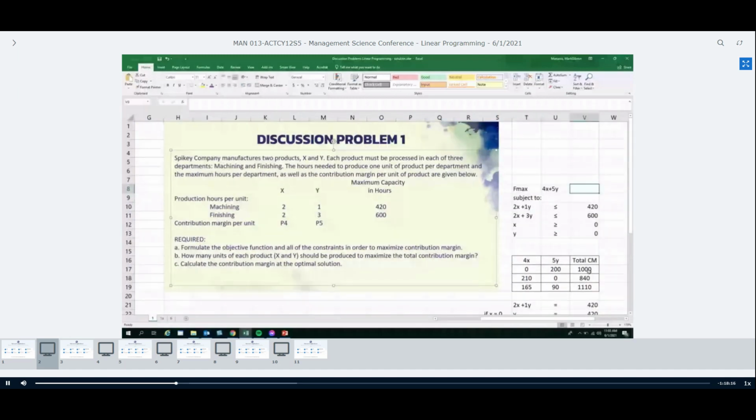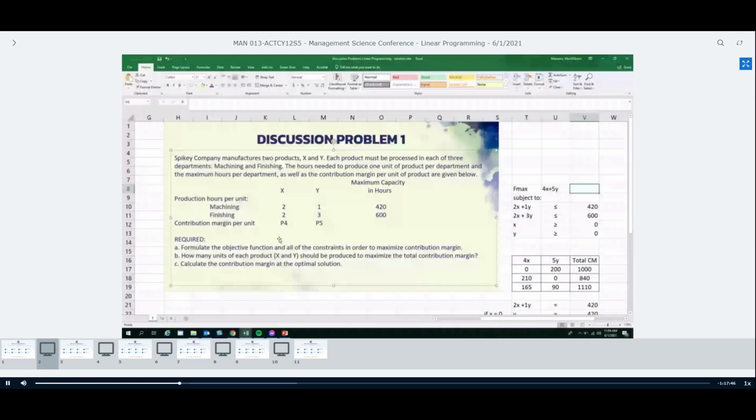Sige, isa-isayin natin. Una kasi, ang unang requirement is formulate the objective function. Yun lang muna ha. So, objective function natin is to maximize contribution margin. So, in this case, gamitin lang natin si x and y as our variable. So, product x, so that would be 4x. Kasi remember class, ang objective natin is to maximize contribution margin.